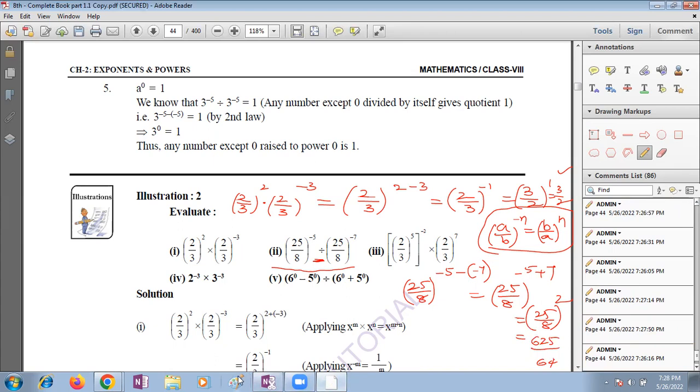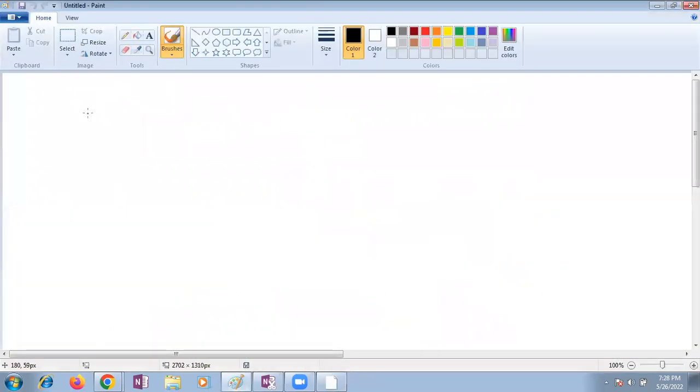But in the examination, children, this question is given in the subjective examination. You need to do each and every step. Let me go with the process. 25 by 8, a negative exponent.